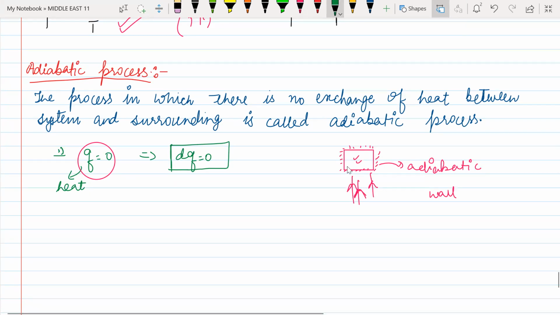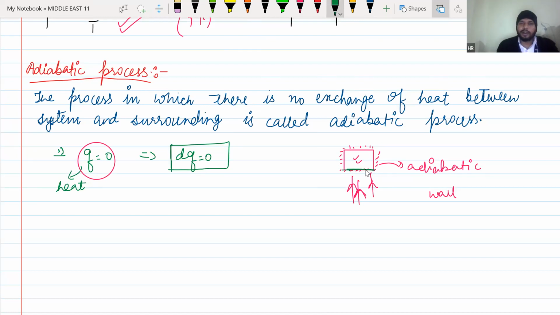No, sir. Because this wall or boundary won't allow heat to pass through. That means Q equals 0, yes? Yes, sir. So the process in which there is no flow of heat between system and surrounding, that means Q equals 0, is an adiabatic process.